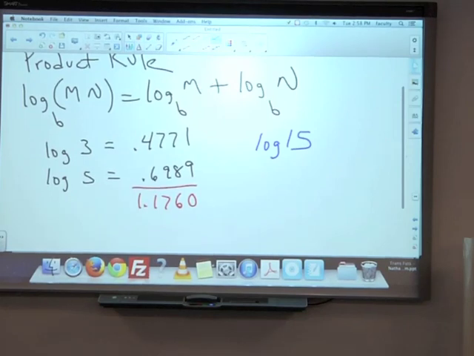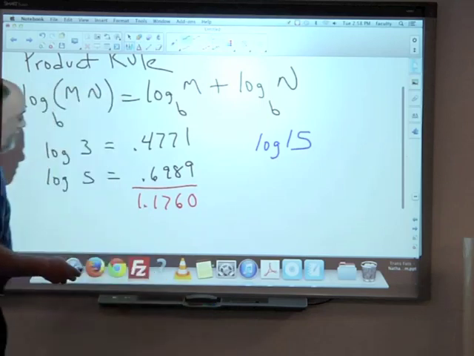Right? Next rule is the quotient rule. So product is multiplying, quotient rule is dividing, which means basically the steps are the opposite for my quotient rule.